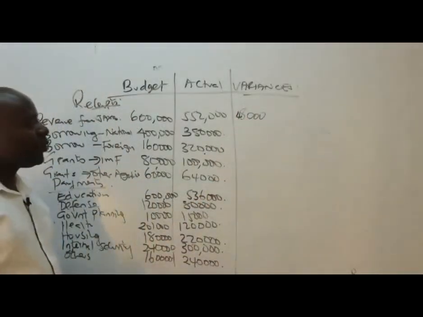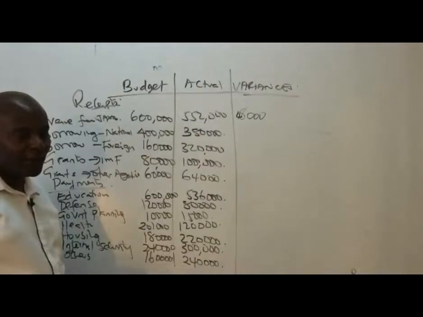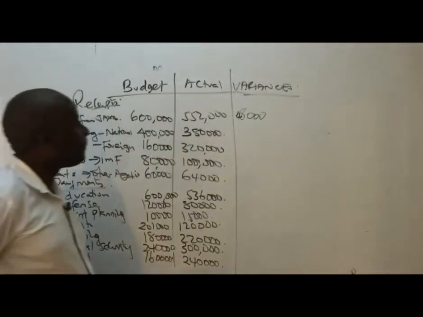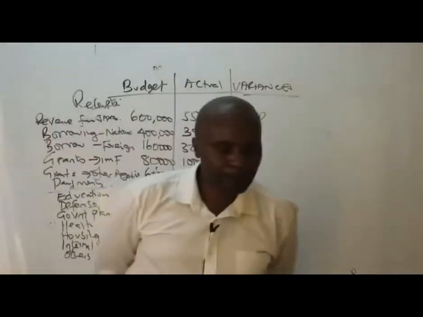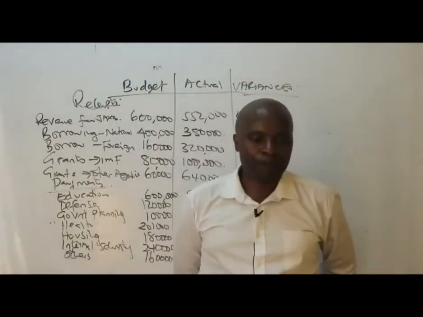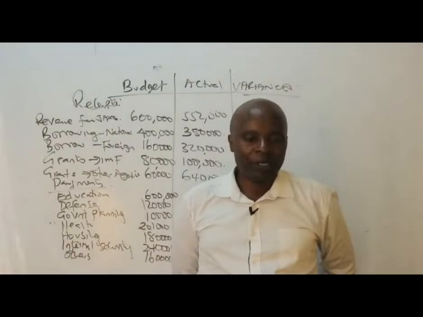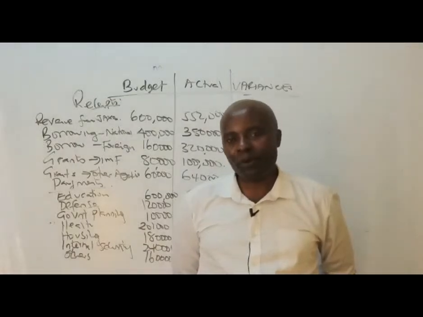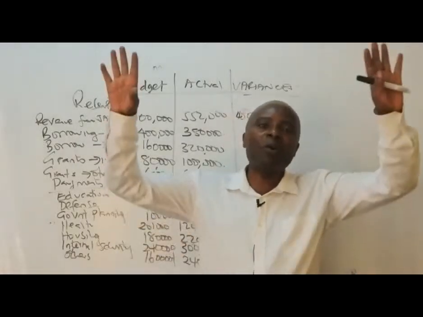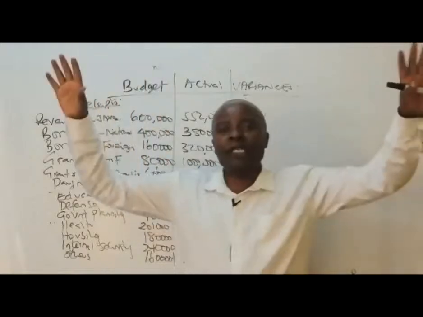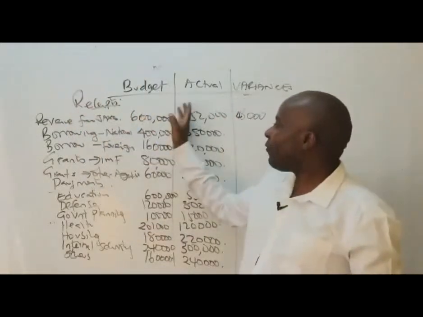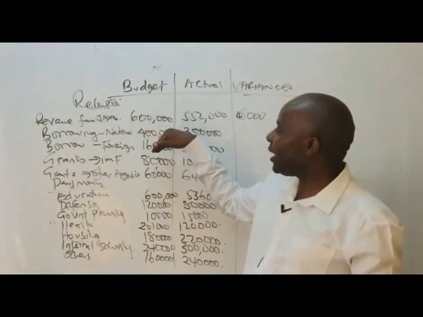So is it a good variance or a bad variance? Why bad? Because I had budgeted to get 600,000, but I fell behind my target.